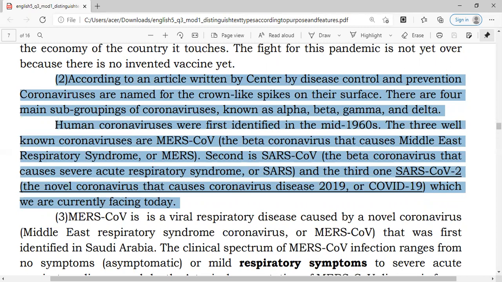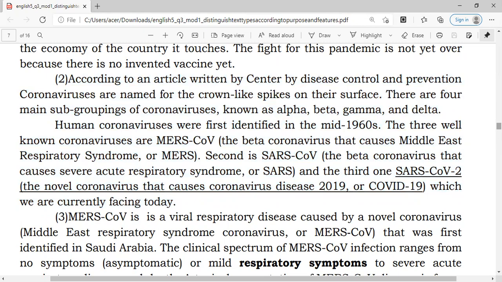So we have three identified coronaviruses, and the latest is number 3, which we are experiencing right now, SARS-CoV-2. Okay, so that's paragraph number 2. So we have here four subgroupings of coronaviruses, and we have here three identified coronaviruses.